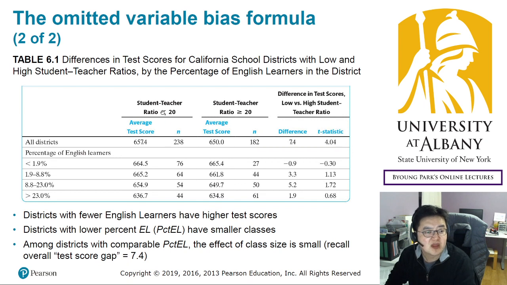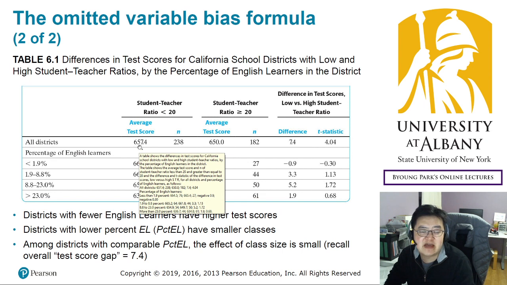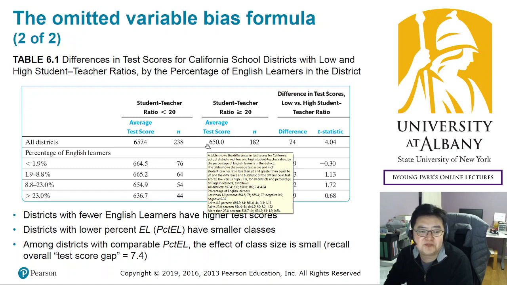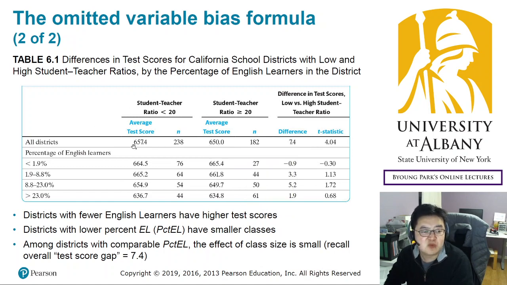And as you can see, in the small class group, there are 238 school districts observed, and their average test score is 657.4. On the other hand, in the large class group, we have 182 school districts whose average test score is 650. So this is what we learned earlier.